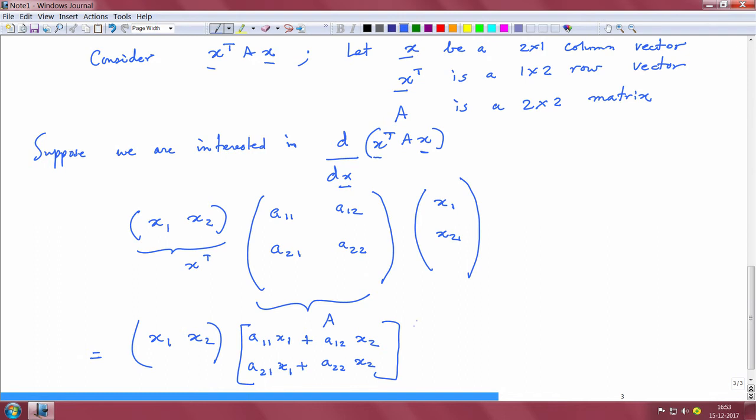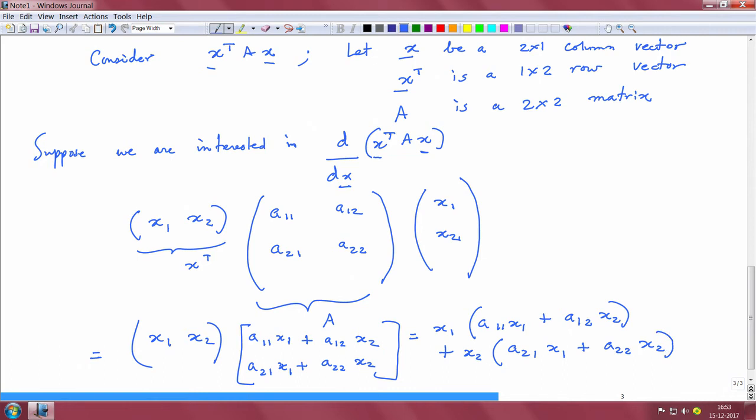When we simplify this, this is basically x1 times A11 x1 plus A12 x2 plus x2 times A21 x1 plus A22 x2, right.